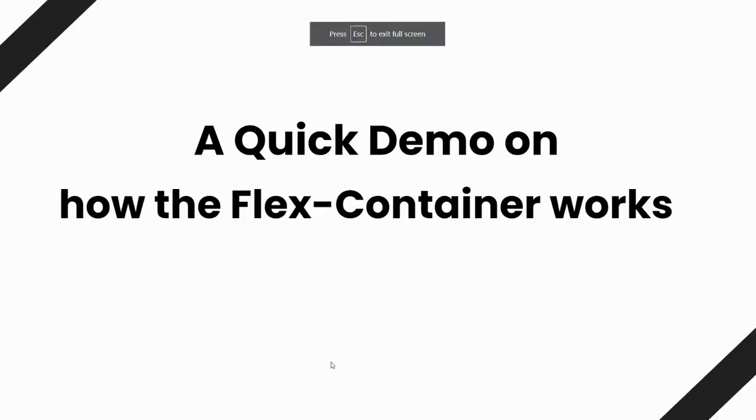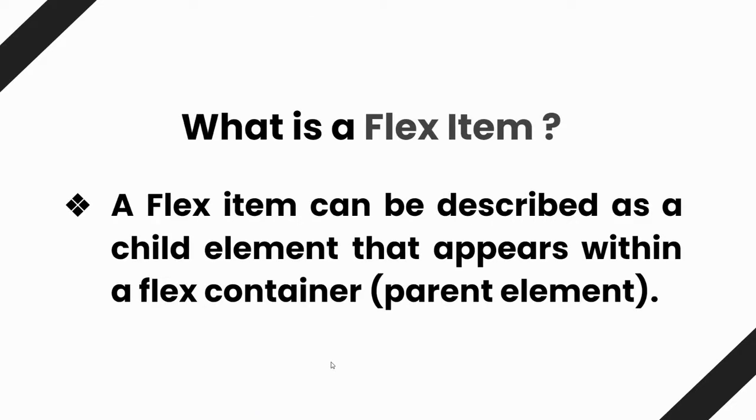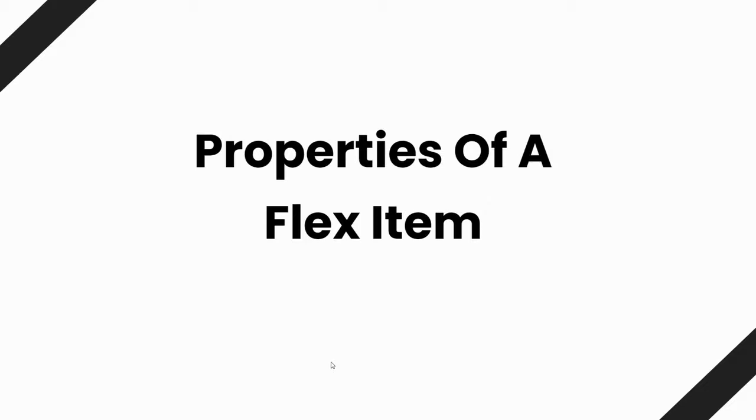Now, for the final part, we'll be touching the flex item itself. What is a flex item? A flex item, as we all know, can be described as a child element that appears within a flex container. So we've already seen what a flex item is in the demo we had on VS Code. Now we'll be seeing the properties of a flex item.